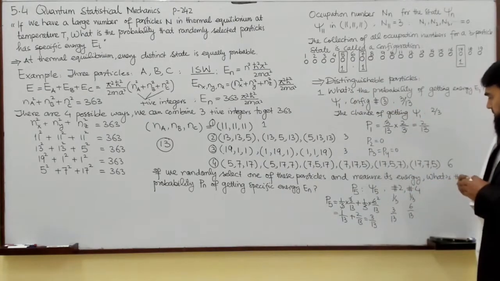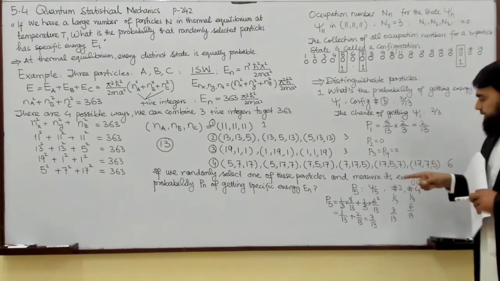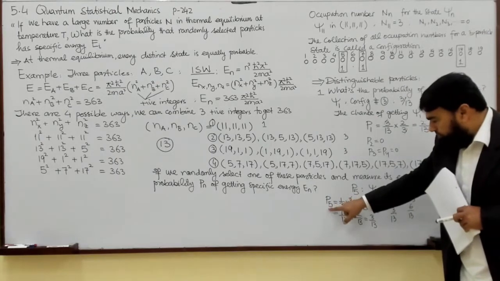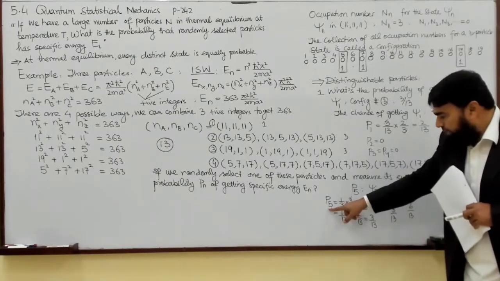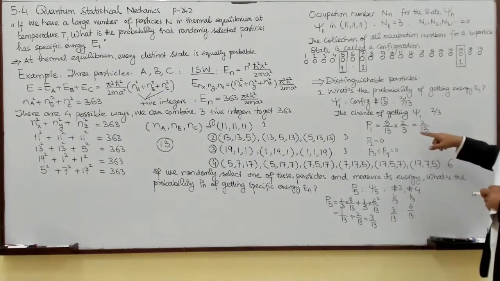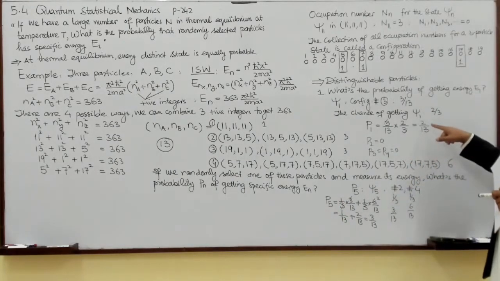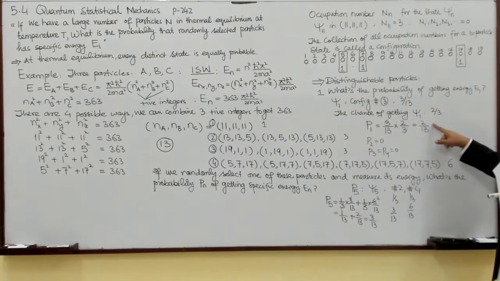So here the probability of getting 5 particle, the 5 here, is more than getting P1.